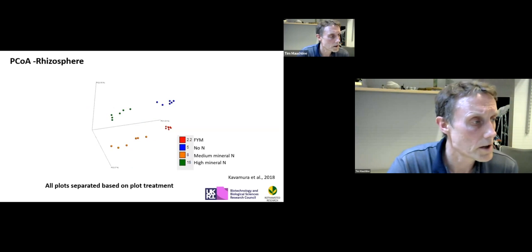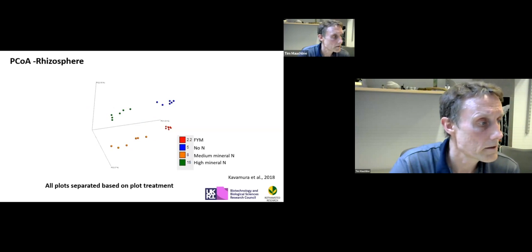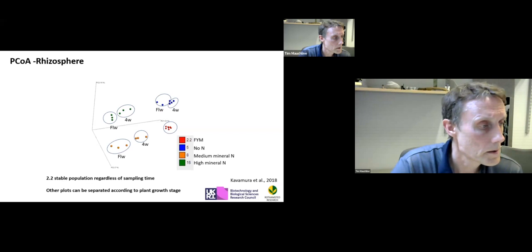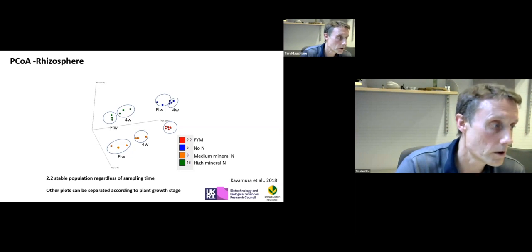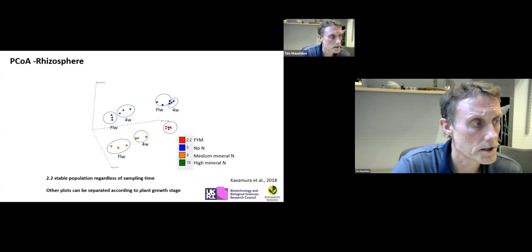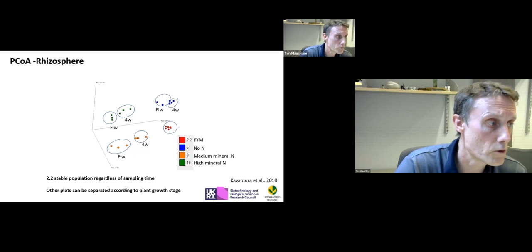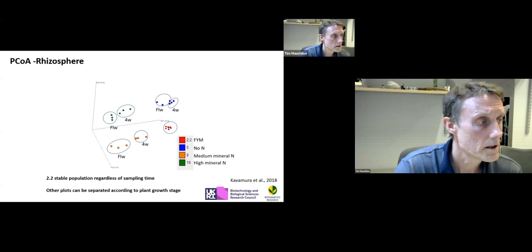Then when we moved on to the rhizosphere, we could see again that all plots separated by treatment. Furthermore, 3 of the 4 plots also separated according to plant growth stage, the 4-week stage and the flowering stage, showing a clear temporal separation.